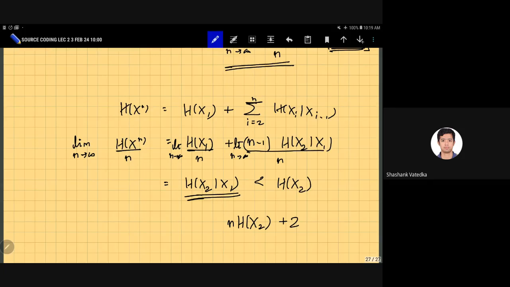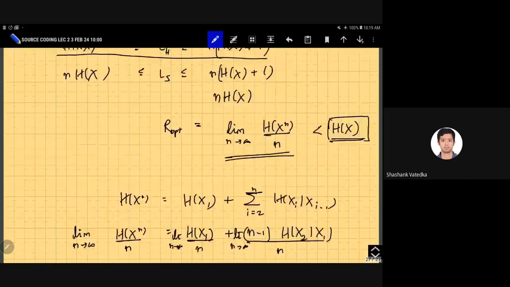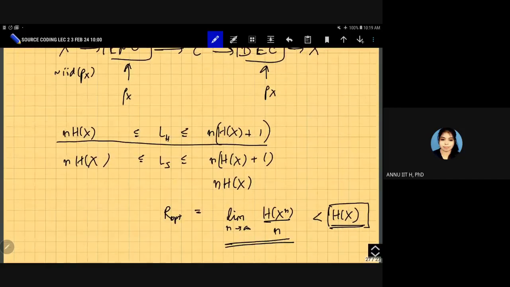Sir, in the expression of L_S and L_H, you wrote n times H(X), but that will be the case only when the sequence is IID. Otherwise, instead of n times H(X), it would be H(X^n), the entropy of the whole sequence.